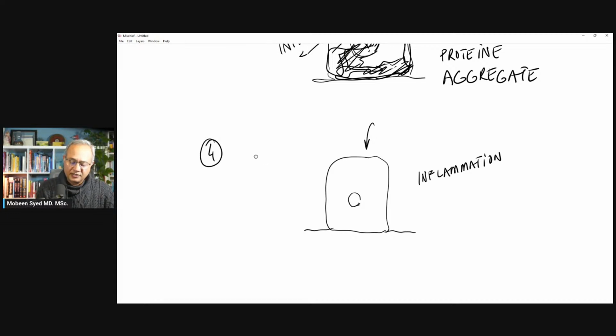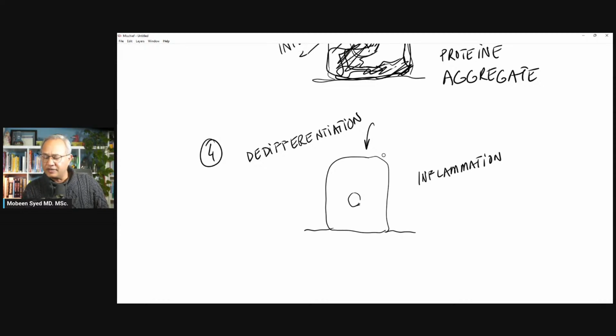So that, I discussed it a few days ago, is called differentiation. Differentiation of a cell means that when the cell is formed from its parent cell, all of our cells come from some parent cell, right?